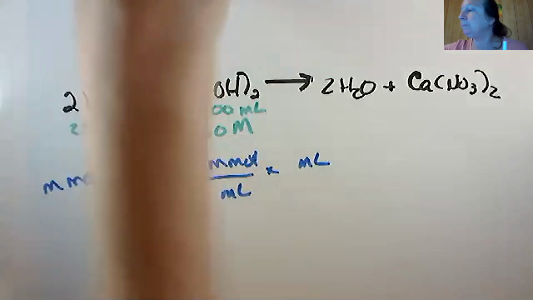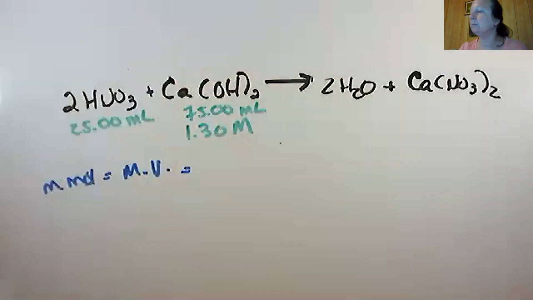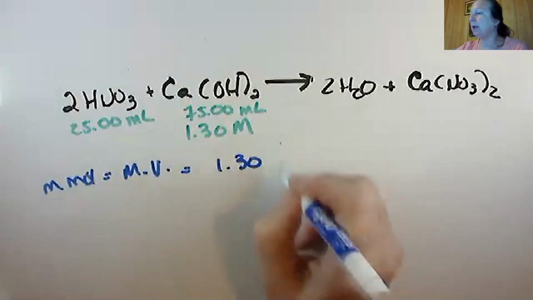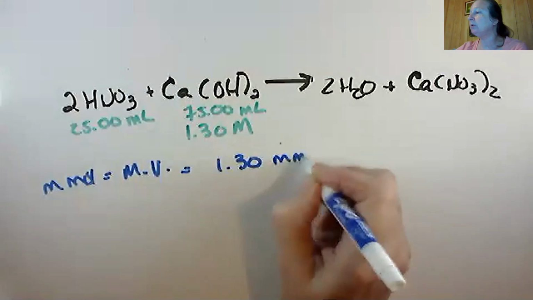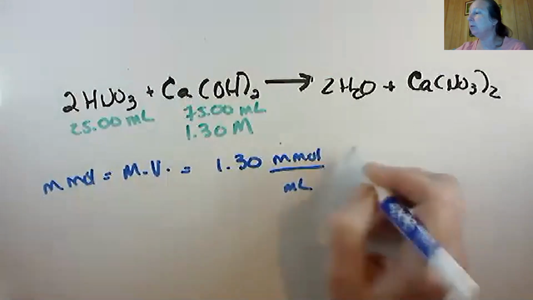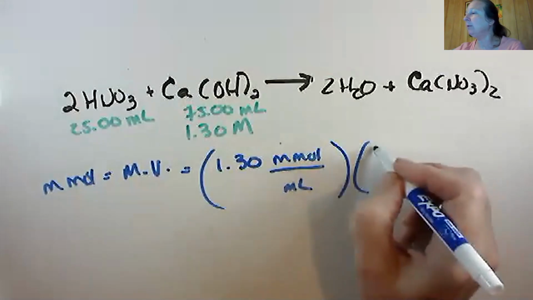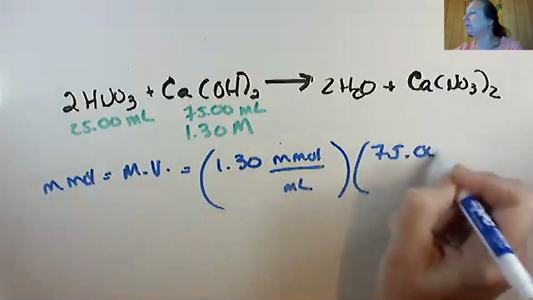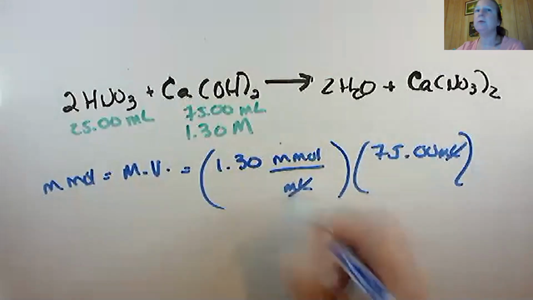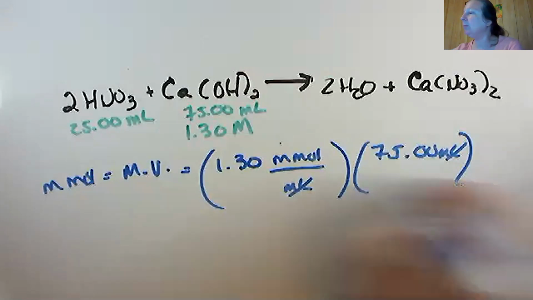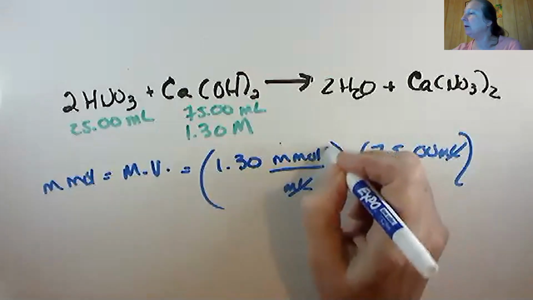So I'm going to do that. So my molarity is 1.30, and instead of writing a capital M, I will write millimoles over milliliter. That's the unit. And my volume was 75.00 mils. I cancel those out. Now you can do this in one step, because this is going to give me millimoles of calcium hydroxide.